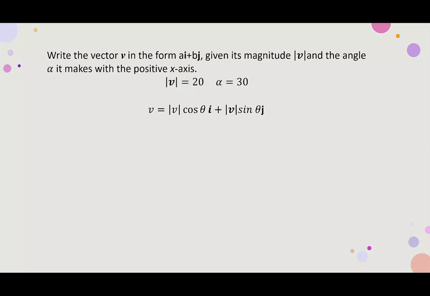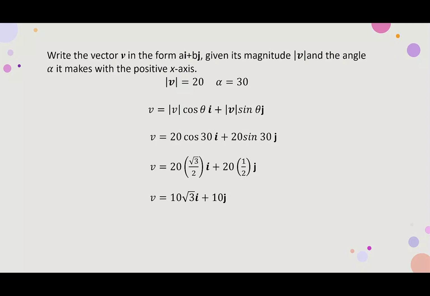I'll put in 20 for the magnitude, I'll put in 30 for the angle. Now we have v is 20 cosine 30 i plus 20 sine 30 j. Luckily, 30 is a value we should know from using our unit circle. We have that v is 20 times the square root of 3 over 2 i plus 20 times a half j. If we leave this in exact form, we have 10 times the square root of 3 i plus 10j.